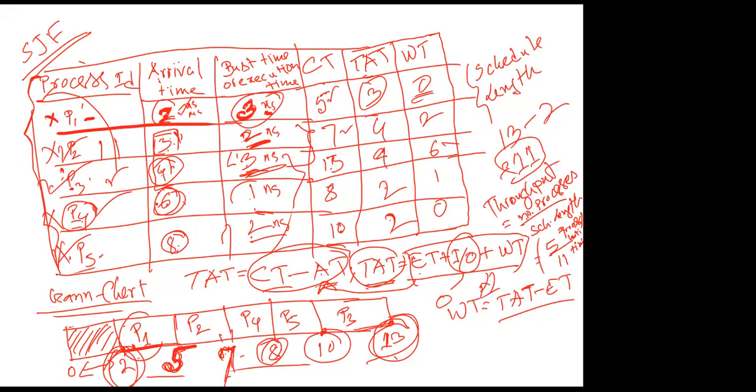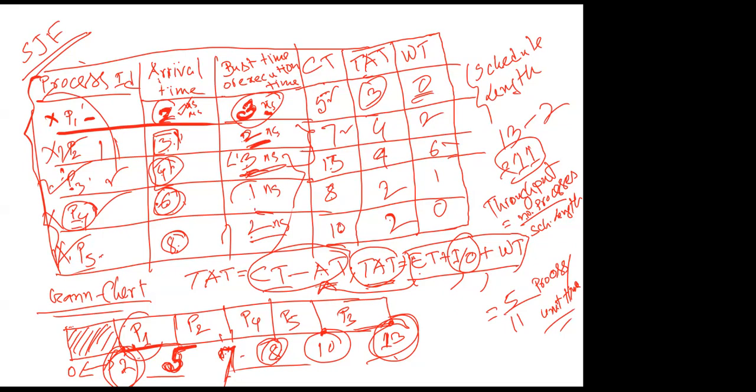Let me write it here. Throughput is the number of processes, 5, and the total schedule length was 11, so 5 over 11 processes per time unit. It means that every microsecond or every nanosecond, this many processes were completed.